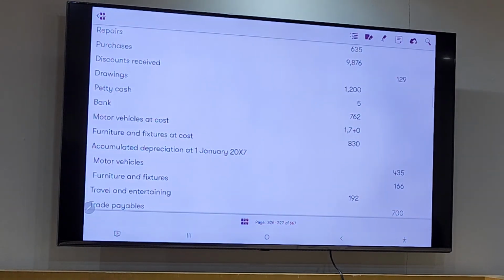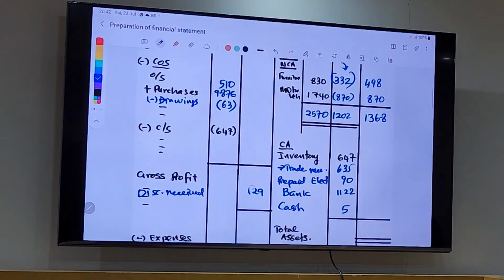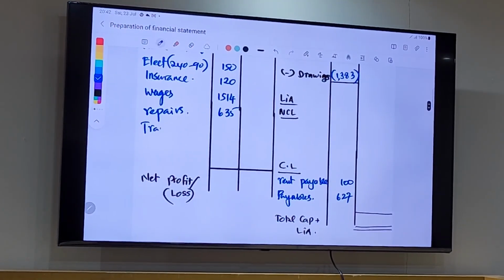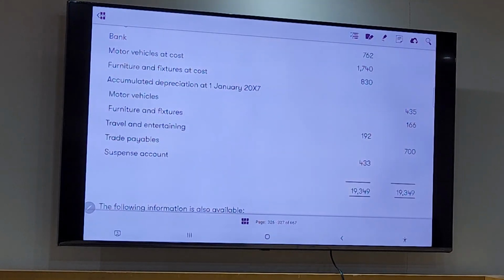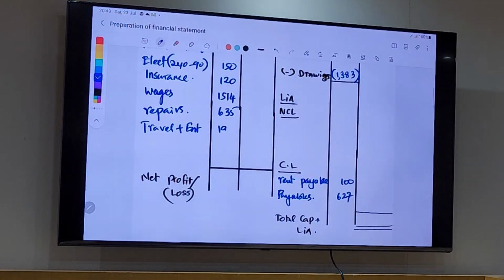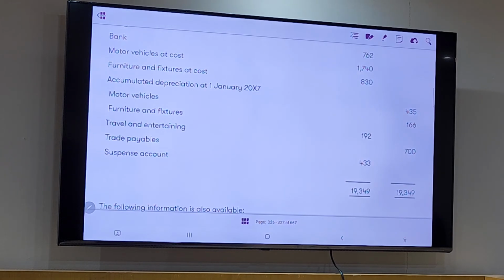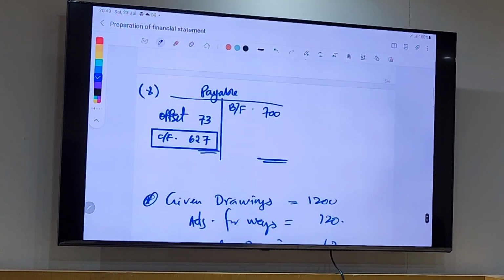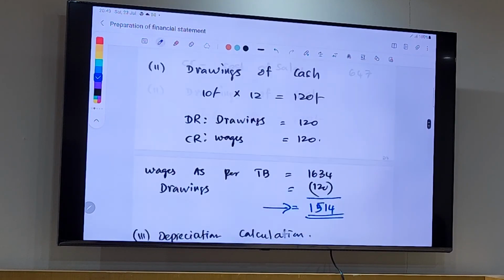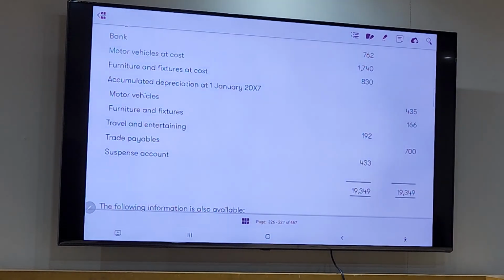Motor vehicle we have taken, furniture we have taken, accumulated depreciation of both we have taken, travel and entertaining, how much? 190. Then trade payables we have already dealt with, 627. Then the suspense account which we have done.